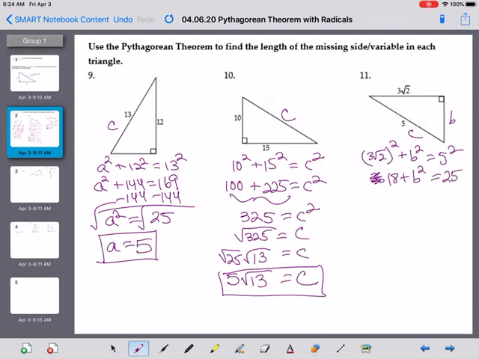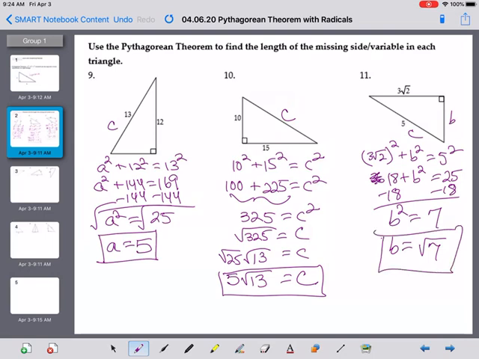Plus b squared equals 25. And then minus 18 to both sides. b squared equals 7. Take the square root of both sides. And 7 is a prime number, so there's no perfect square to factor out. So the square root of 7 is correct.